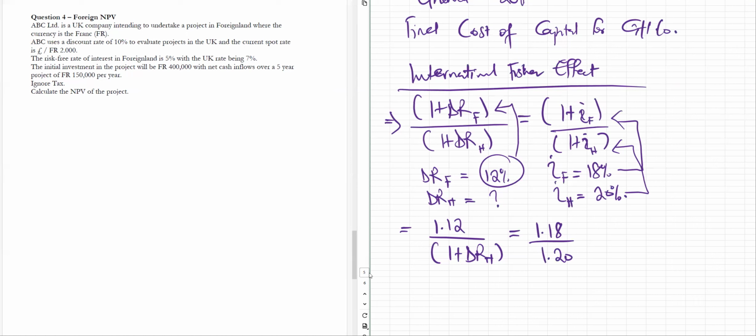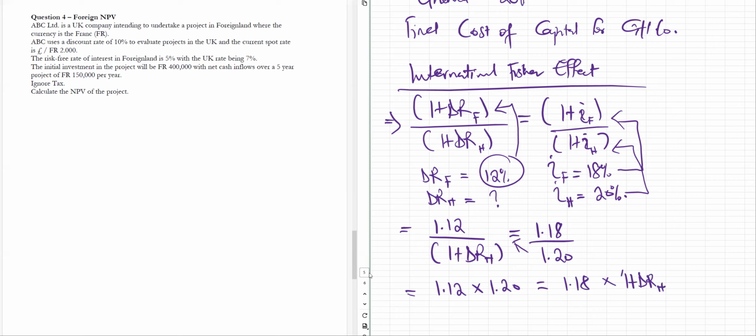So literally you just change the subject, that means you multiply through, or you cross multiply, which is another way. So we have 1.12 by 1.2 equals 1.18 by 1 plus dr for h.